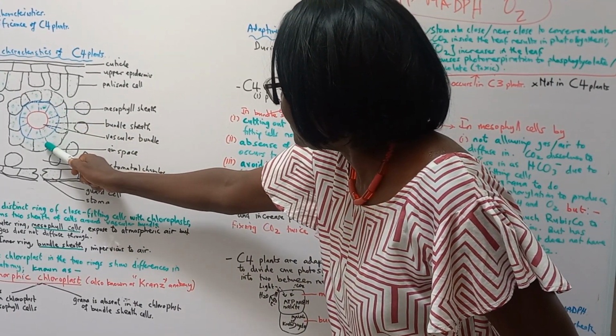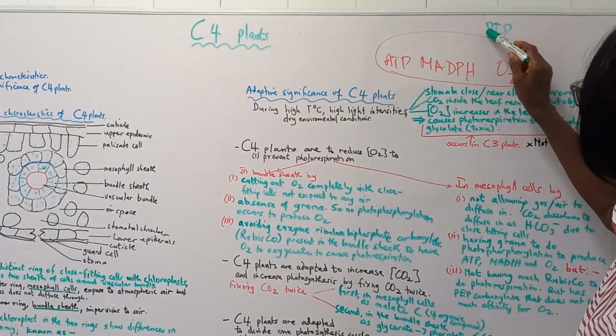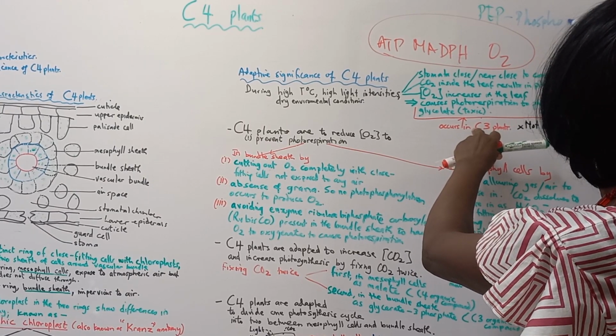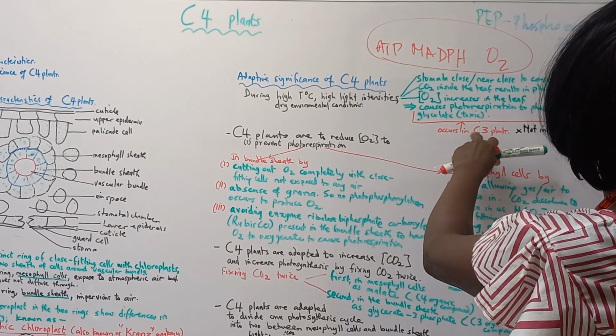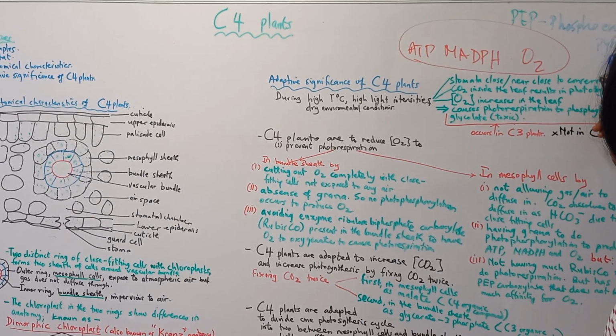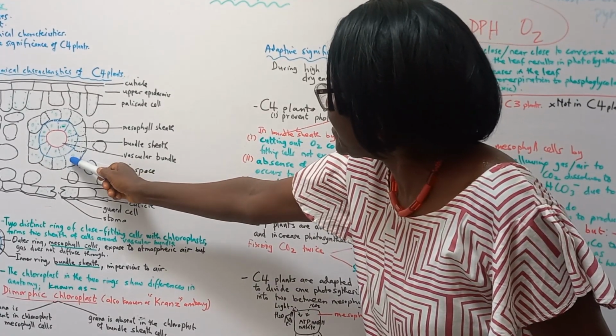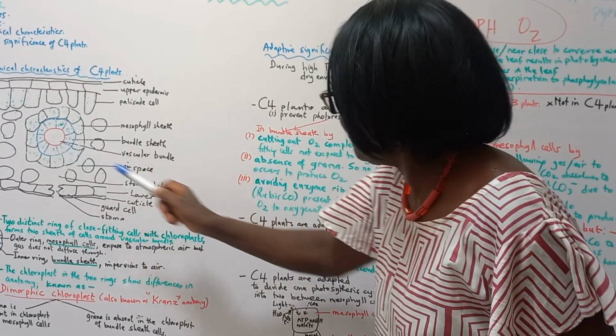These mesophyll cells rather have the enzyme called PEP carboxylase. PEP means phosphoenol pyruvate. So PEP, phosphoenol pyruvate carboxylase, that's the enzyme in the mesophyll cells, instead of having rubisco.